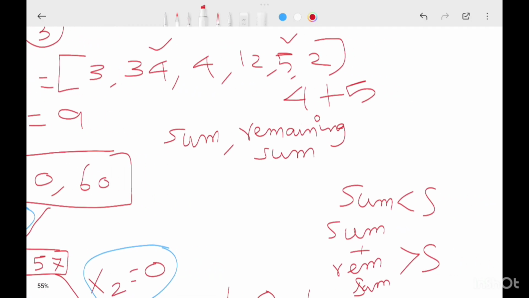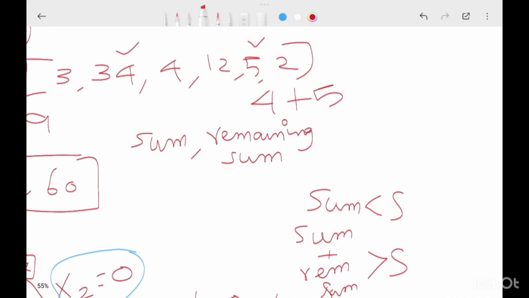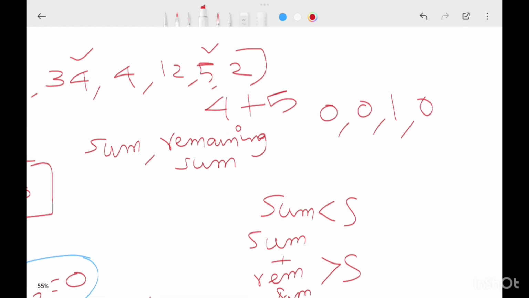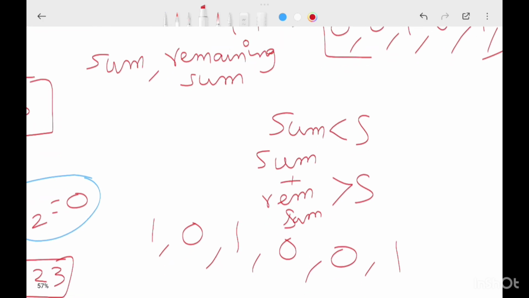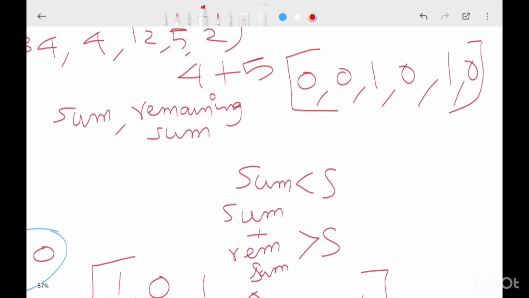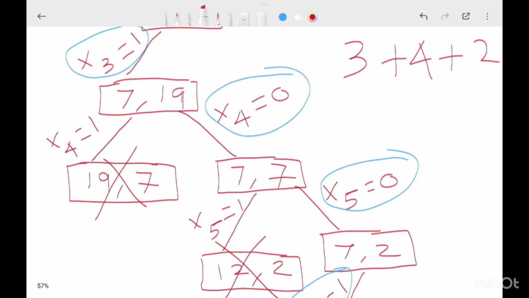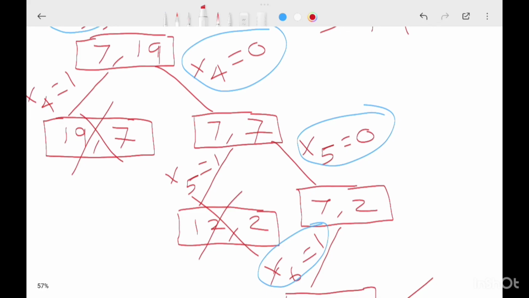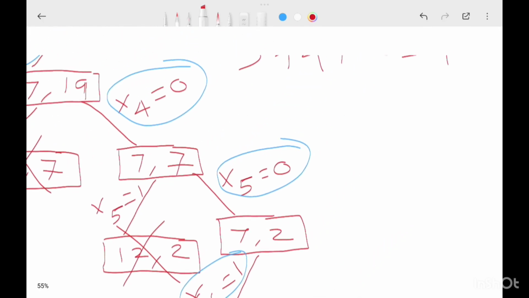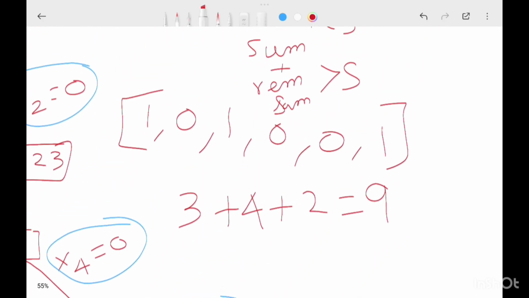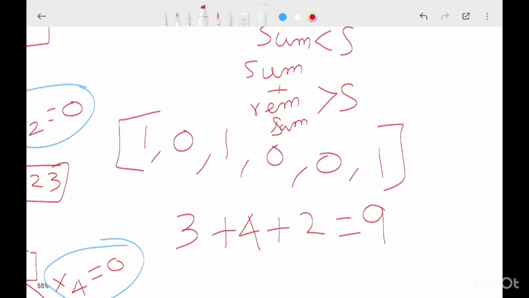That means the output state set will be 0, 0, 1, 0, 1, 0. This is one possible solution and this is another possible solution. If you complete this entire state space tree in this way, again backtracking to the previous state and exploring all the possible combinations, we can find all the possible solutions of this sum of subset problem.